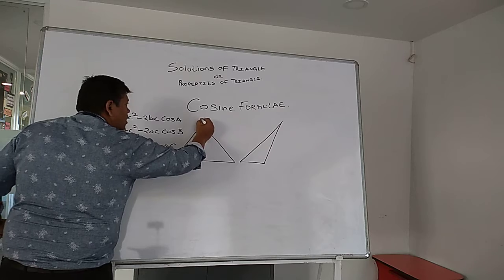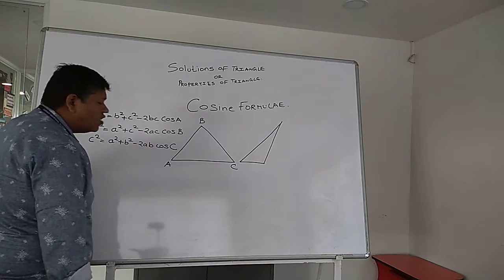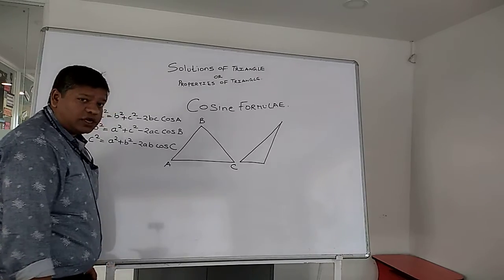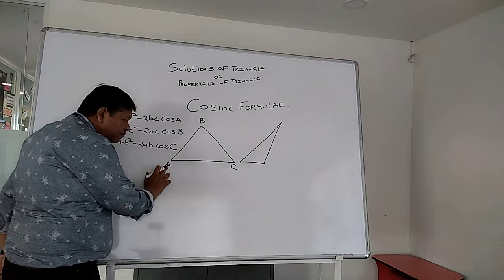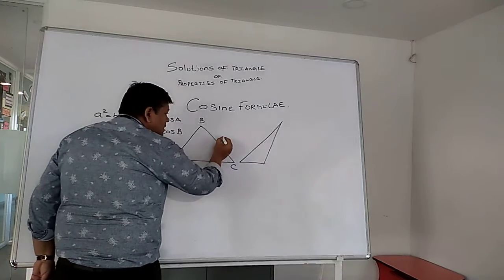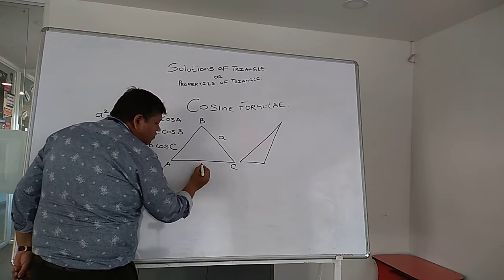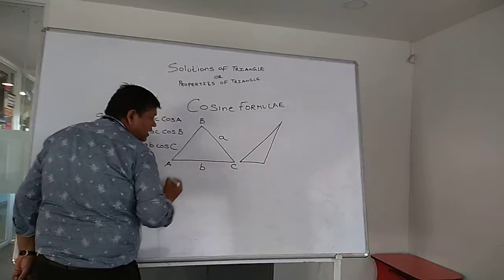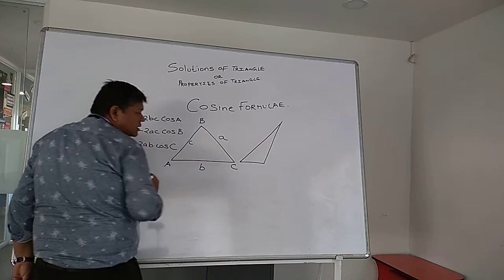A, B, C. This is an acute angle triangle, and for naming the sides, I told you yesterday that if you have this vertex as A, the side opposite to this vertex will be named small a. The side opposite to vertex B will be named small b, and the side opposite to vertex C will be named small c.